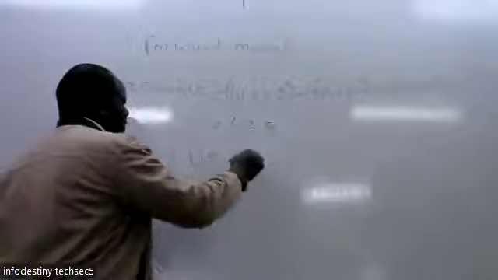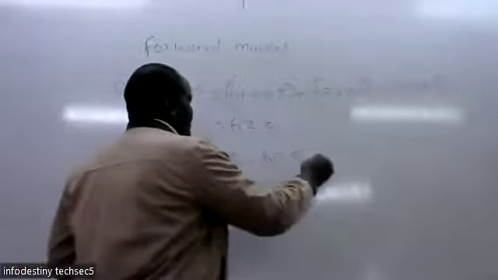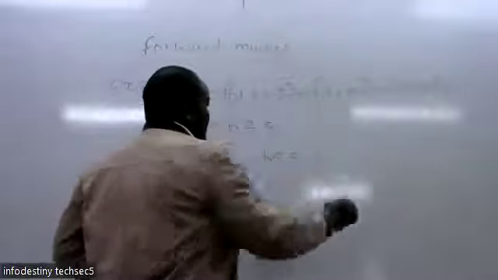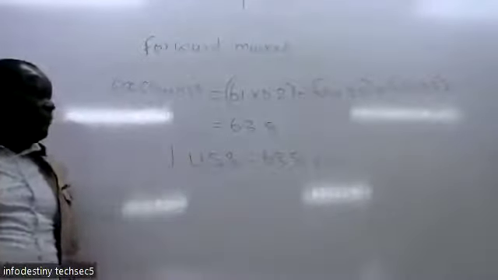US dollar. One US dollar will be equivalent to 63.8 Kenyan shillings. So the exchange rate is that 1 US dollar is equivalent to 63.8 Kenyan shillings.